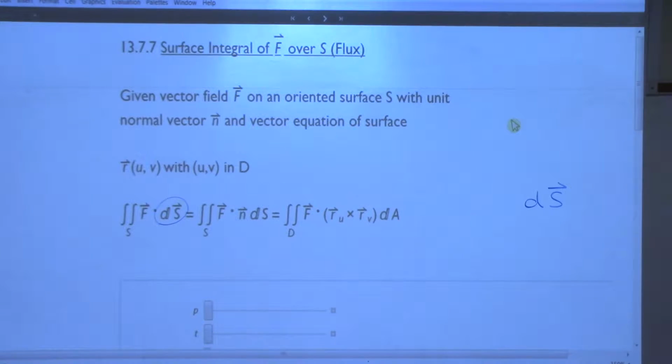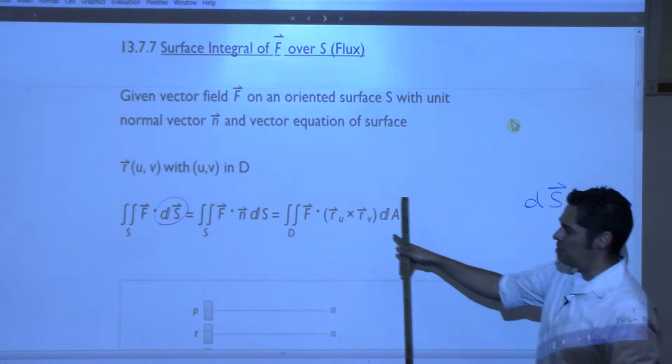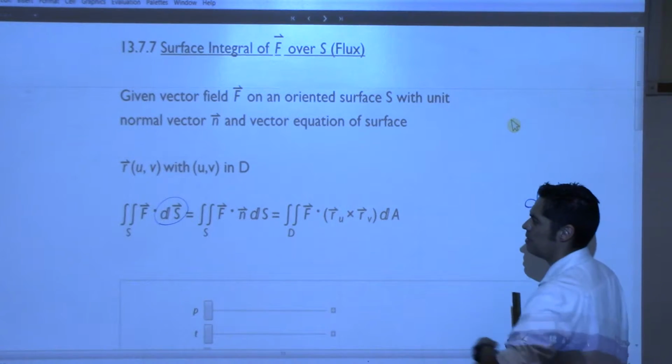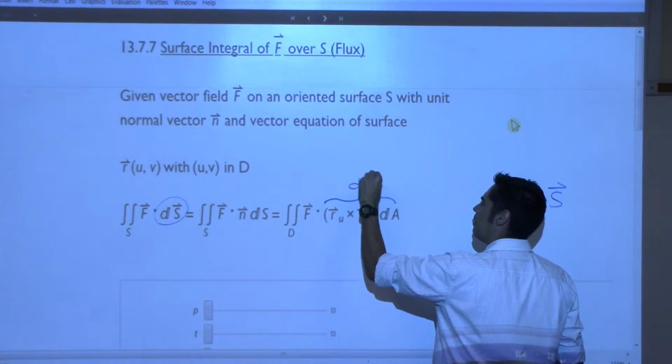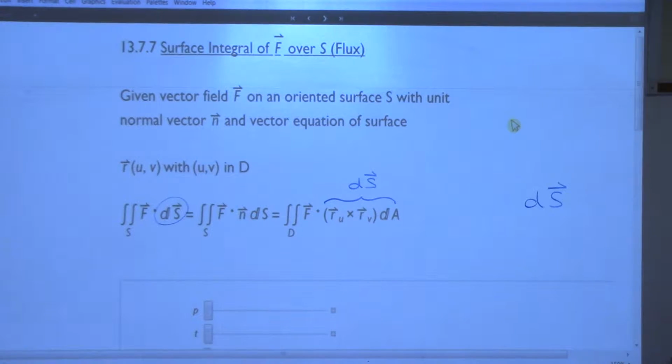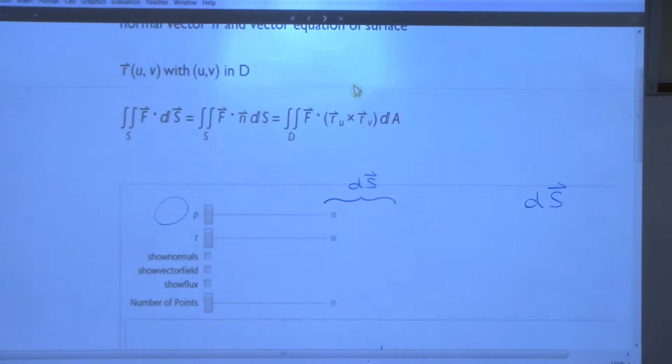I'd like to try and explain what it means in the formulas that you see here. Because this right here is the d capital S. I'd like to try and come up with some meaning for that for you, all right? Here's my best attempt at trying to explain what it is and what this whole thing called flux is.